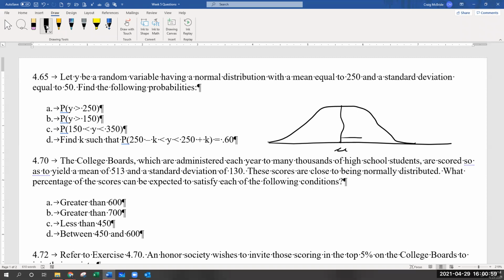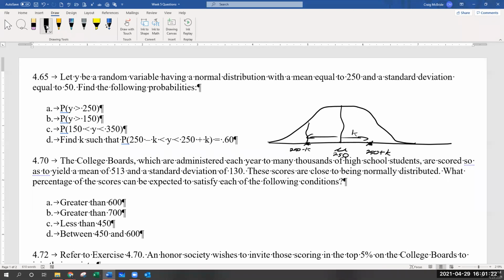So if you go out some distance k from the mean, which is 250, this value would be 250 plus k. Then you go the same distance to a value over here that would be 250 minus k.